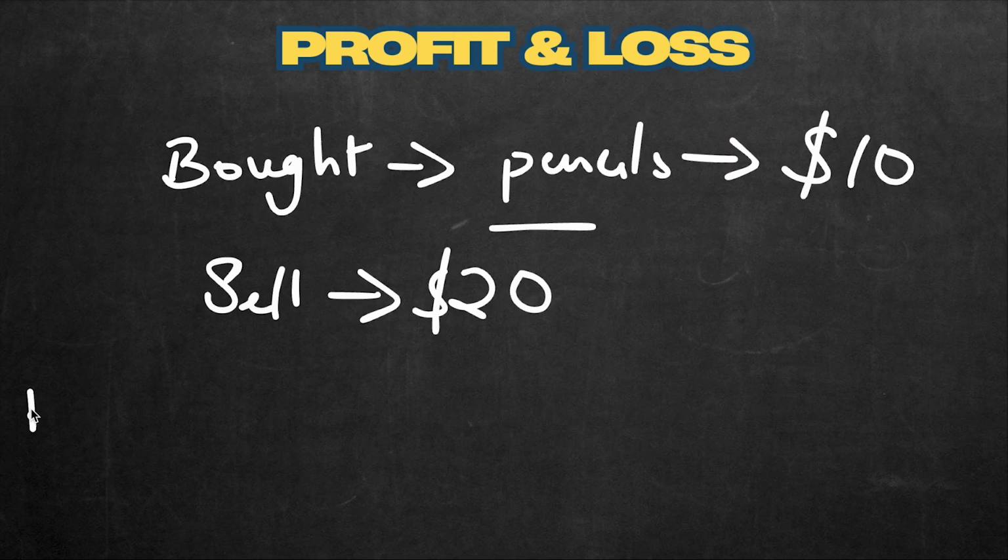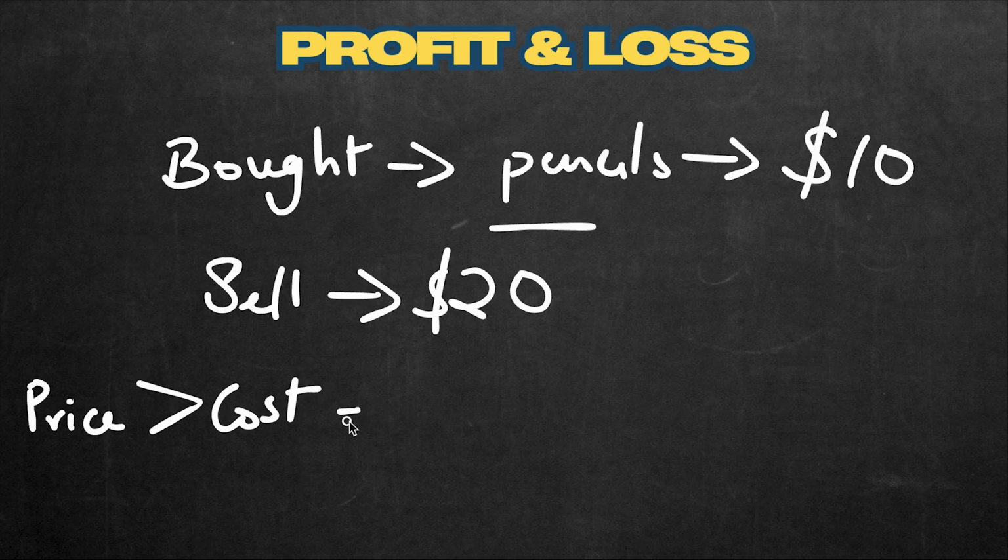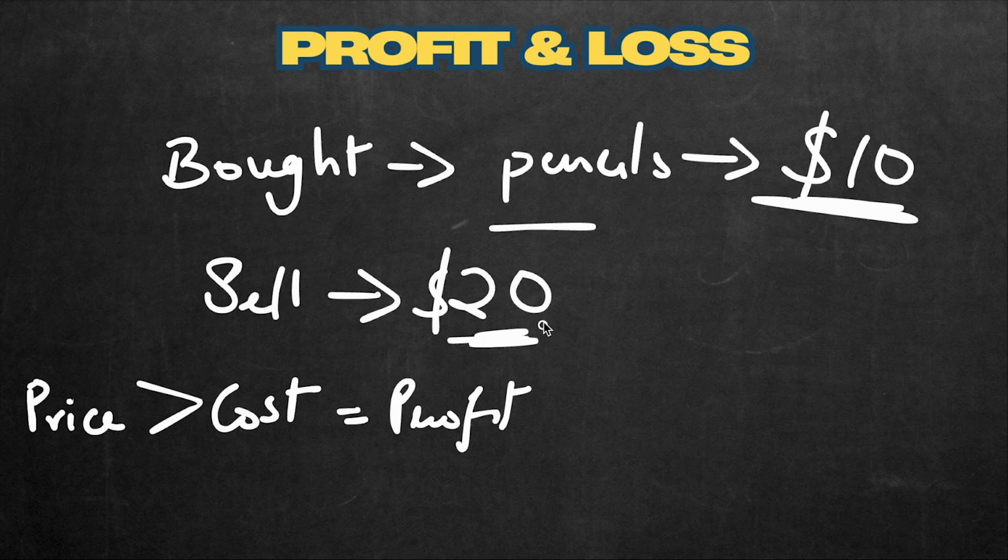Because if you remember, if the price of selling, which was the price, is more than the cost of buying, it's a profit, right? Now I bought it, my cost of buying it was $10, but my price of selling it is $20.